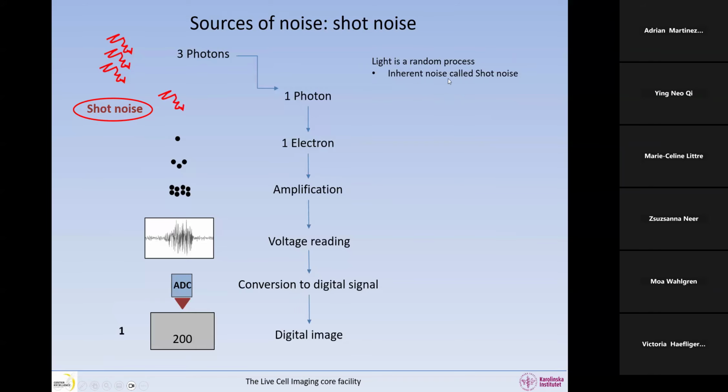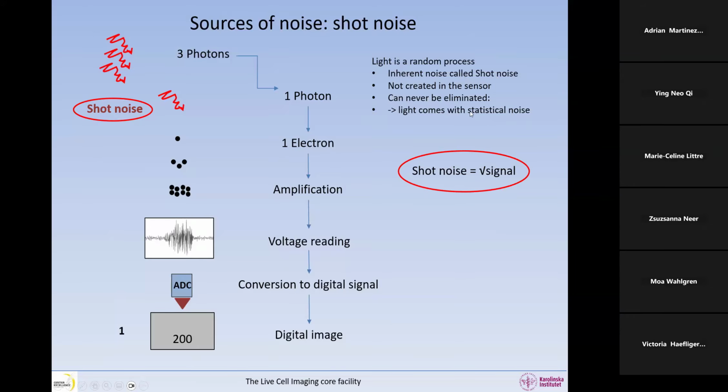And this is an inherent noise because we are imaging light, and this noise is called the shot noise. This is not created by the sensor. It is only created because we are dealing with light, and that's a random process. So it can never be eliminated. As long as we're dealing with that, we will get shot noise. And it's a statistical noise.